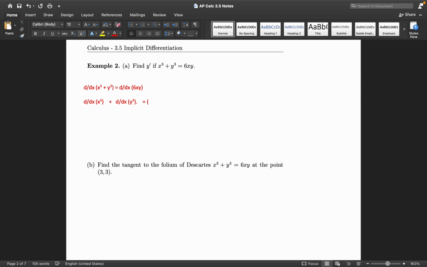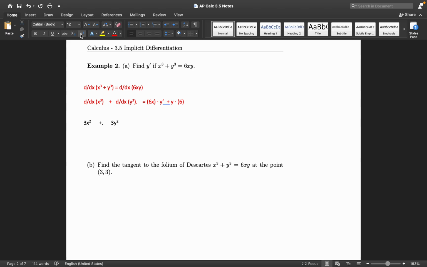It's the first times the derivative of the second, which is just y prime, plus the second times the derivative of the first. Derivative of 6x is 6. So what do we get here? The derivative of x cubed is 3x squared. The derivative of y cubed, just like before, do the outer function, 3y squared.